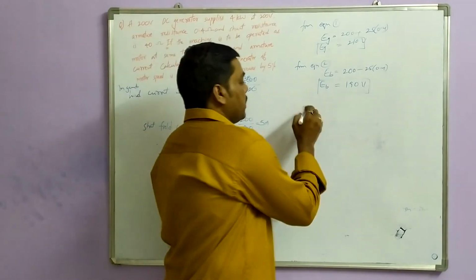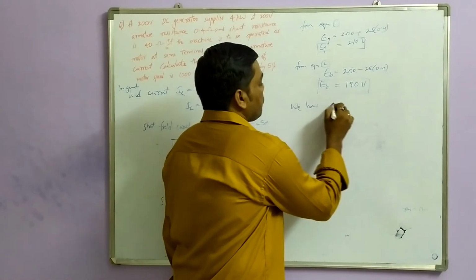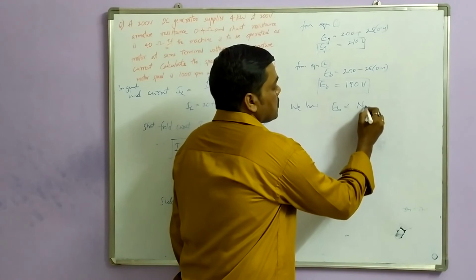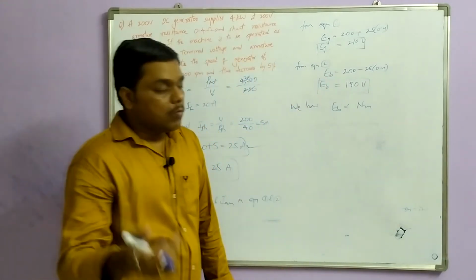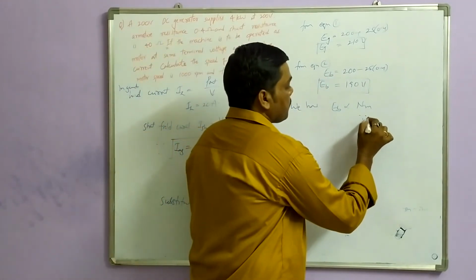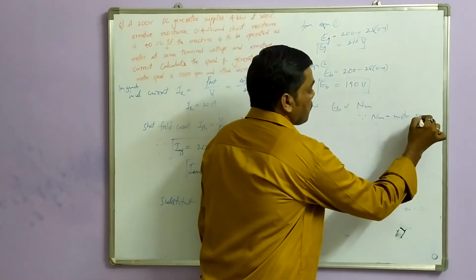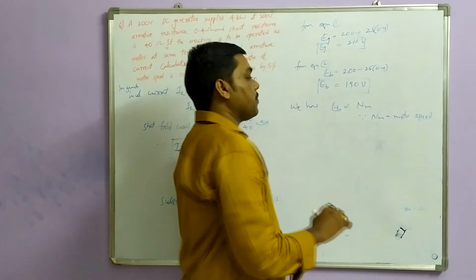Now you can see the relation. We have Eb is proportional to Nm. Nm is the motor speed. Okay.